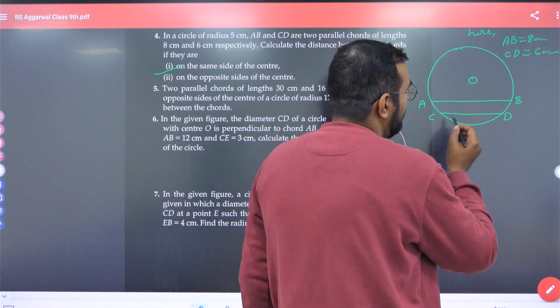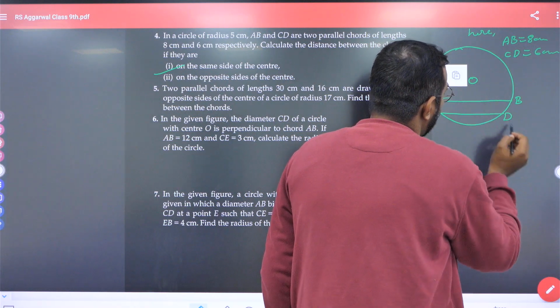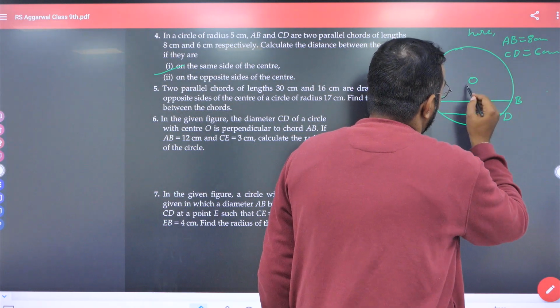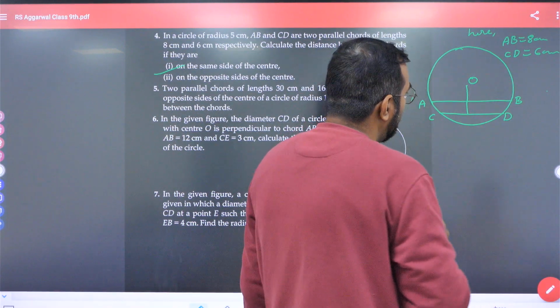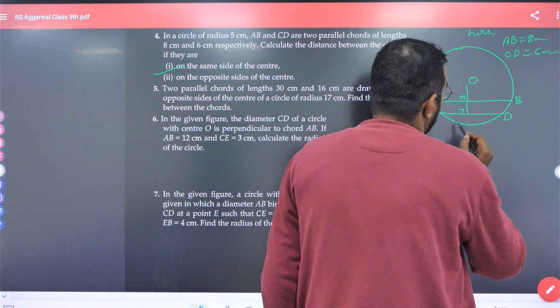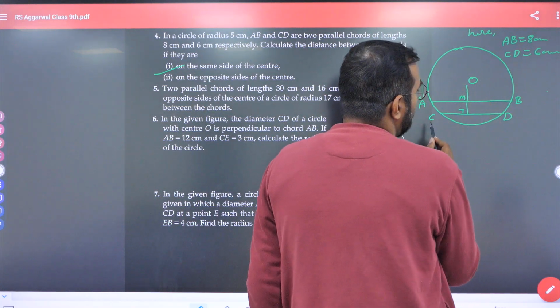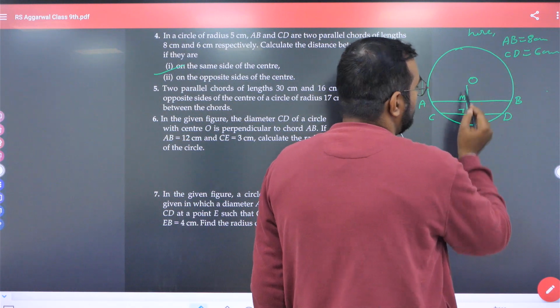For distance we always draw perpendicular. So we will draw the perpendicular from center, and we will mark it M and T. OM is the distance of AB from the center and OT is the distance of CD from the center.